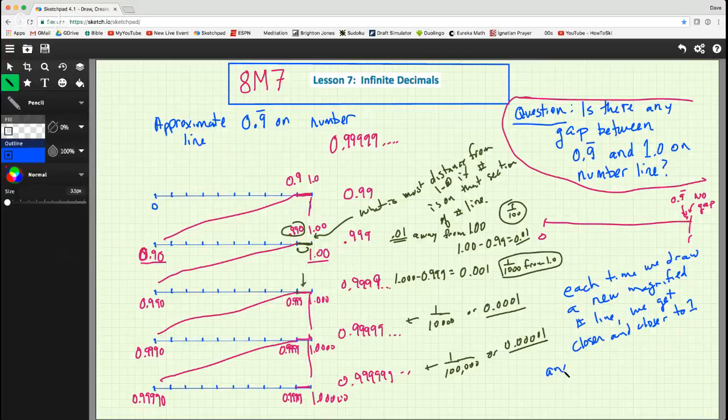And the biggest possible gap decreases by 1/10 of what it was.